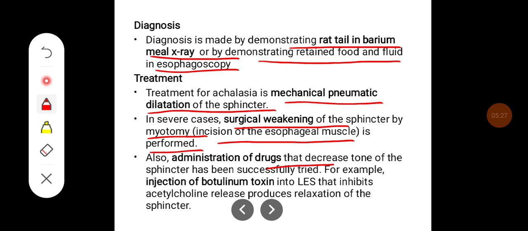Also, administration of the drugs that decrease the tone of the sphincter has been successfully tried. For example, injection of the botulinum toxin into the lower esophageal sphincter inhibits the acetylcholine release, which relaxes the sphincter.